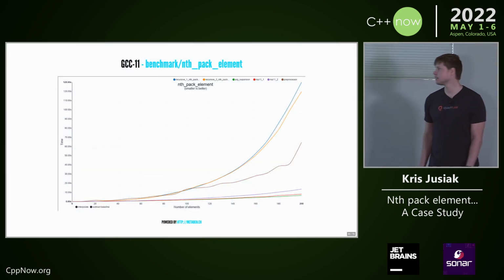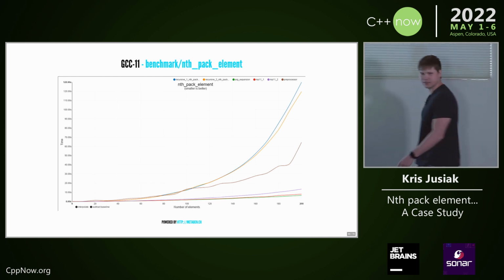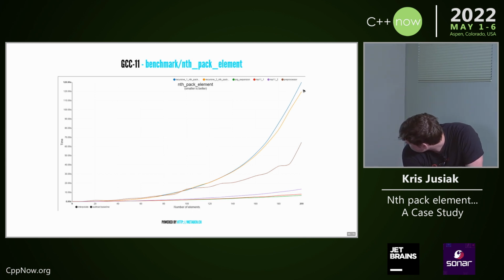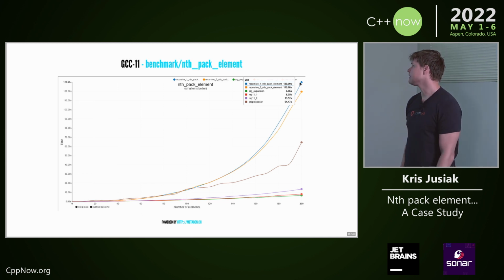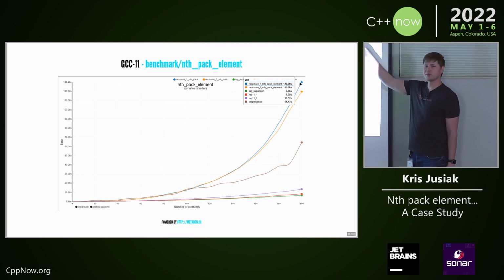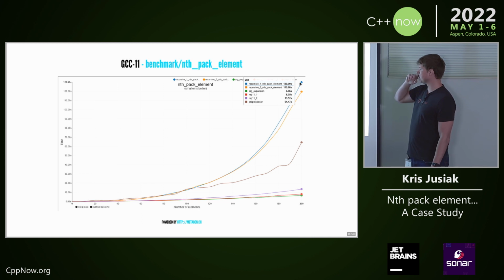So yeah. Let's see GCC. As you see, those two. So here we do it just for 200 elements, but you see the trend. And notice the numbers, because the numbers will vary between compilers. So it will be interesting to see.